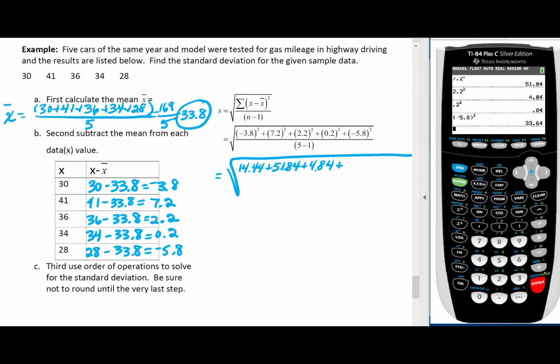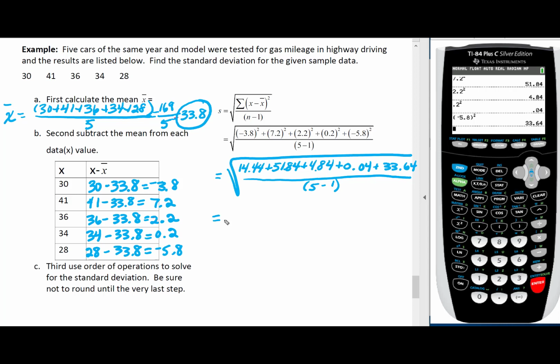And that's 33.64. So let's put those back in our problem: plus 0.04 plus 33.64. So we've done all the exponents and we still leave the 5 minus 1 on the bottom.